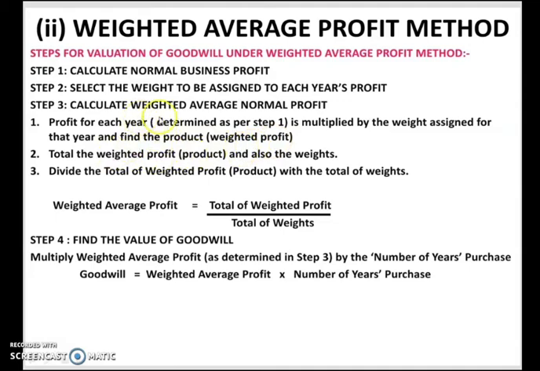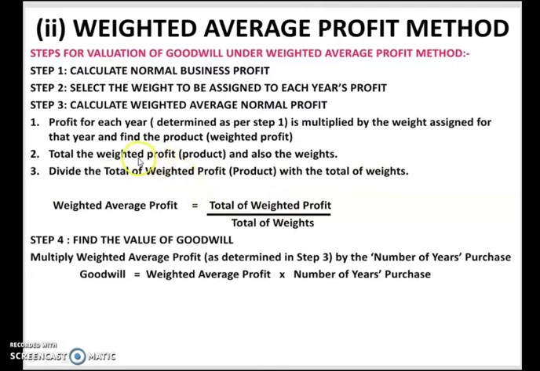So each year's profit you have to multiply with the weight assigned for that particular year. Next step is total the weighted profit and also the weight. So the total of the weighted profit and total of all the weights you have to add together, and at last divide the total weighted profit with the total of weights.